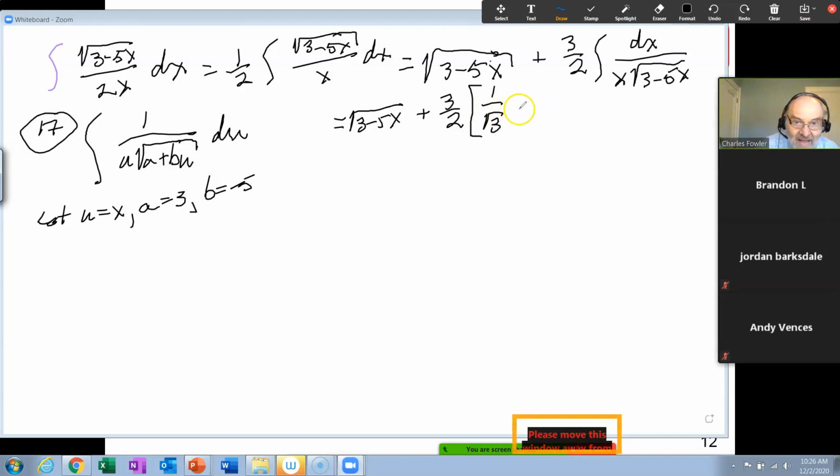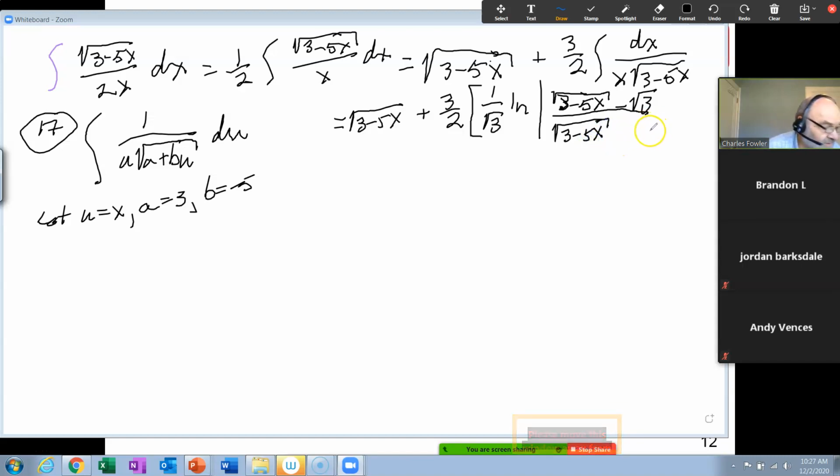Okay, times the natural log, and now you have a big argument here, of the natural log. In the numerator, you have your square root of a plus bu. Well, that's this square root here, so that's the square root of 3 minus 5x, minus square root of a, over the square root of 3 minus 5x, plus the square root of 3.